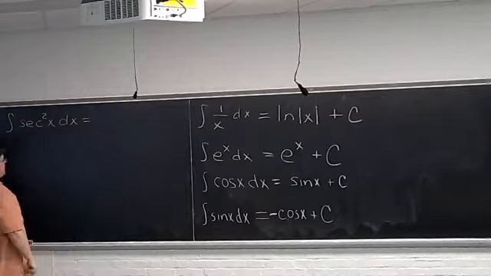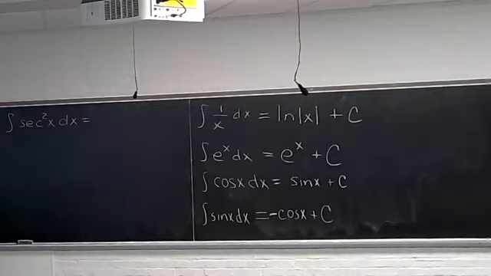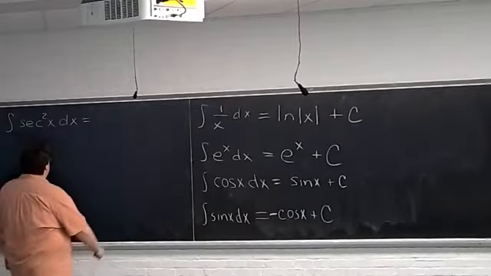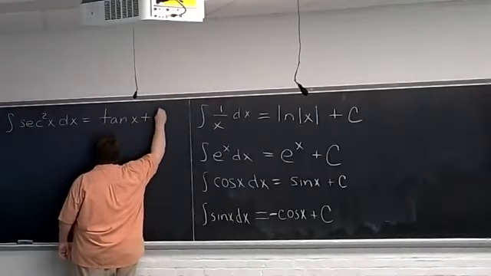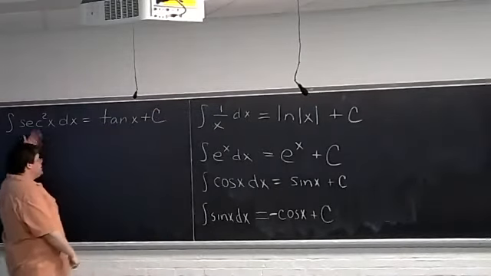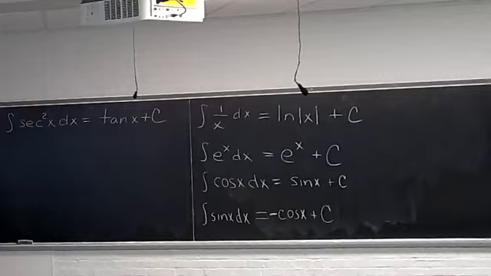Integral of secant squared of x. The other trig functions, the next one is tangent of x. Why did I write secant squared of x? Well, because tangent of x does not have a convenient antiderivative, but the derivative of tangent of x is secant squared of x.